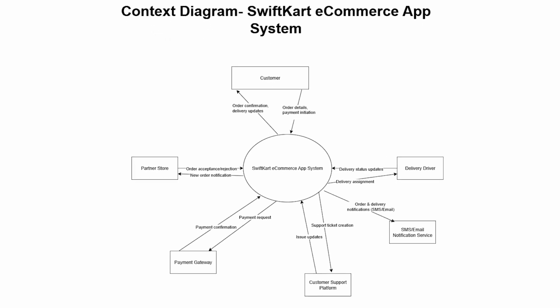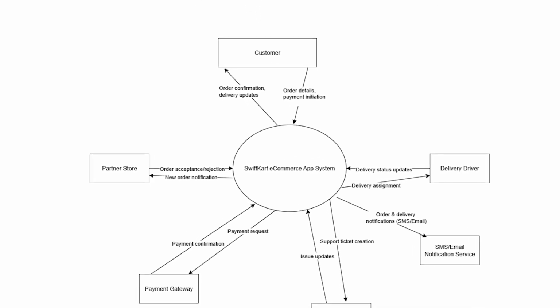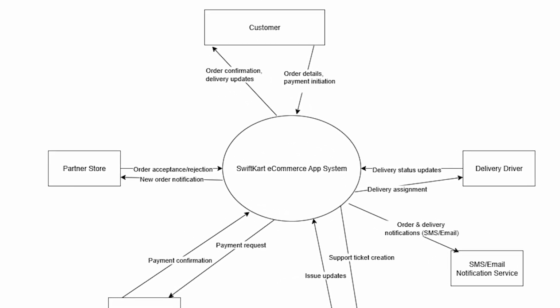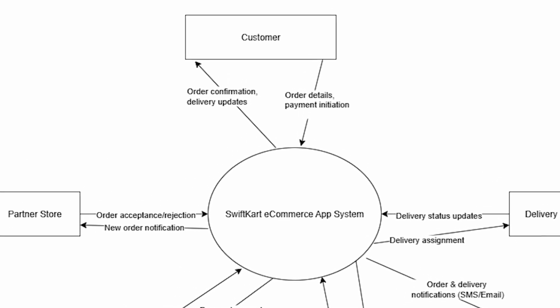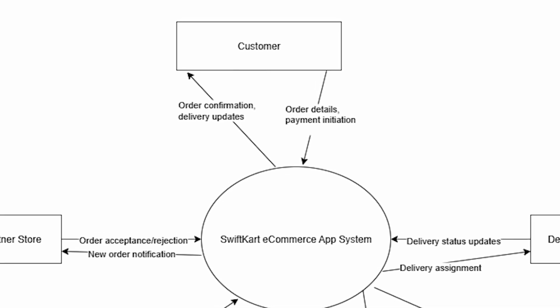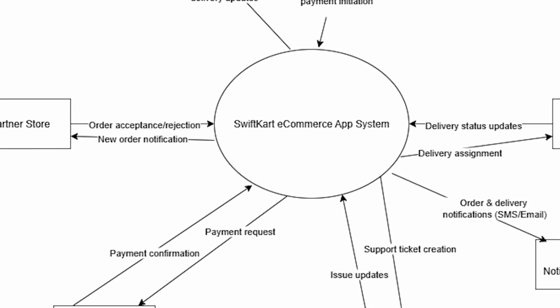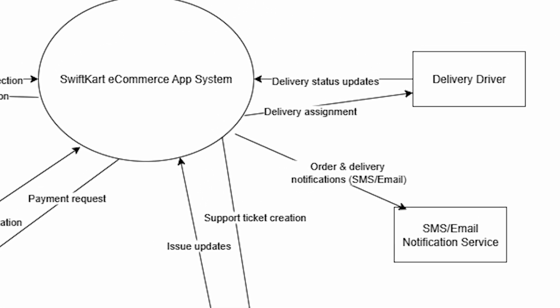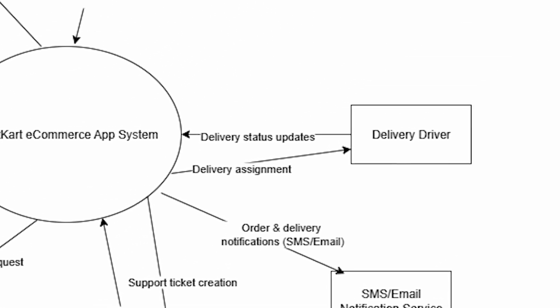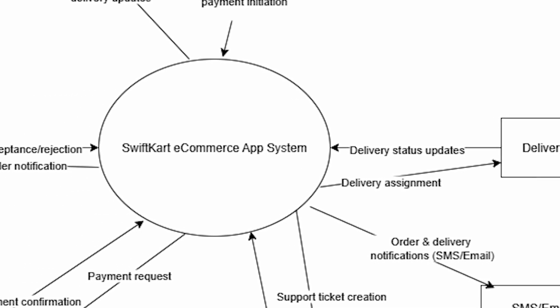If we look at our case study, SwiftKart, for the context diagram, you would have the application itself in the center. And then around that, you're going to have the customers who are placing orders. You'd have the payment gateway, which is processing the transactions. You would have the delivery drivers that are getting the order details.